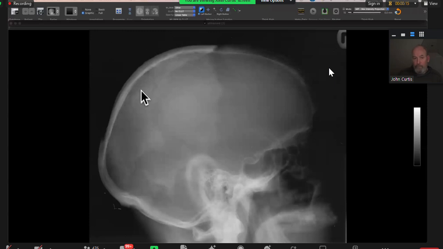In other words, there are two areas of lucency. One is larger than the other one, and then it's being projected one through the other.